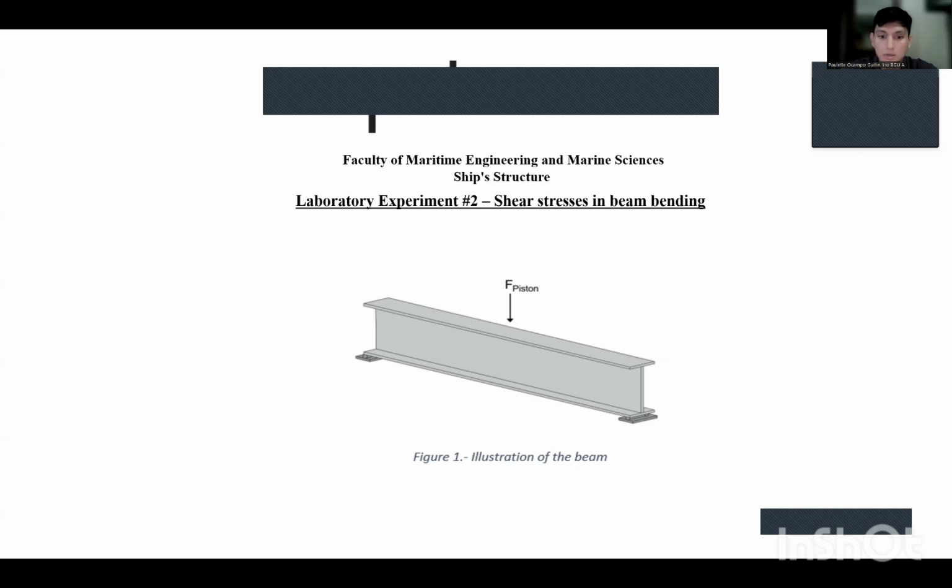The strains were recorded using LabVIEW, and the applied force was measured with a National Instruments DAQ system. The experiment allowed for a comparison between theoretical shear stress predictions and the measured strains at different locations along the beam cross section.